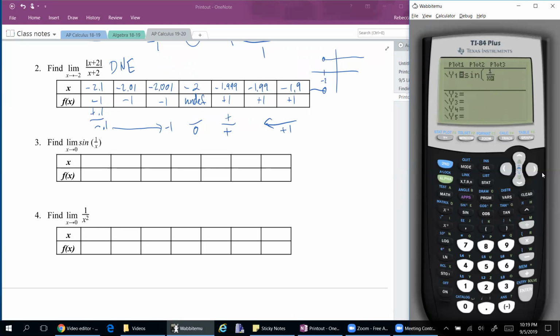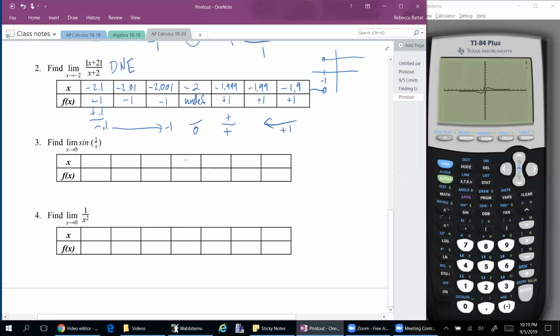Okay, so let's press trace. What values are we going to look at on here? Well, x is approaching 0. So we're going to put 0 in the middle.